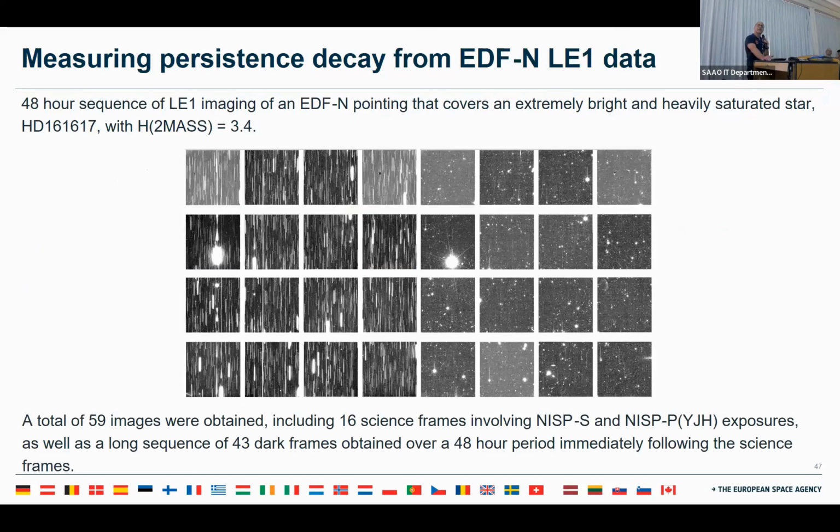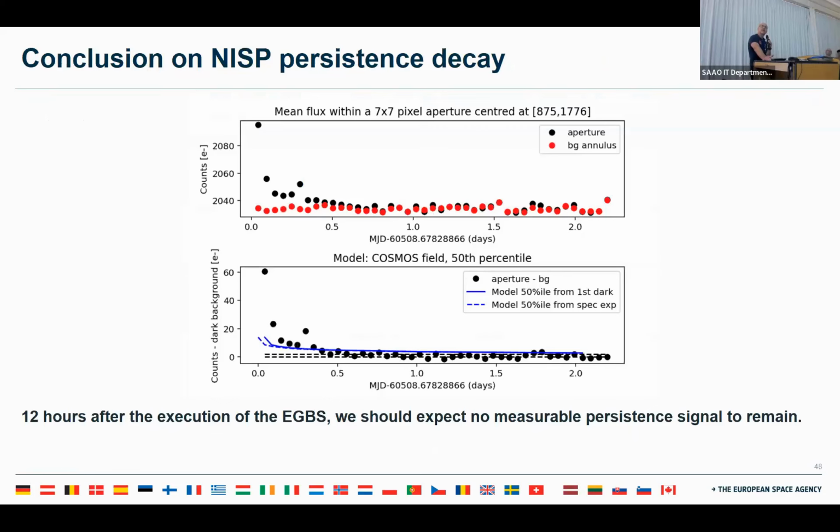And then the colleagues in the team made an analysis of observations of 59 images, which were obtained on a very bright 3.4 magnitude star. The outcome of that, in the bottom, you see the counts with the dark count subtracted.